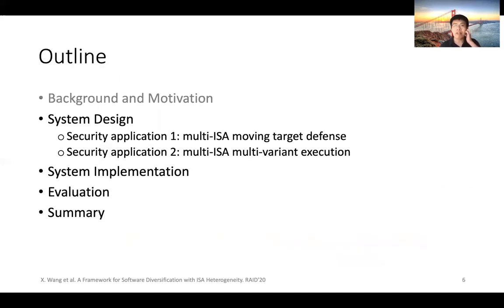This is the outline of this talk. Next, we are going to talk about the system design, and we'll talk about two security applications on top of HeterOS. The first is multi-ISA moving target defense, and the second is multi-ISA multivariant execution. After that, we'll talk about the implementation details and evaluation results.